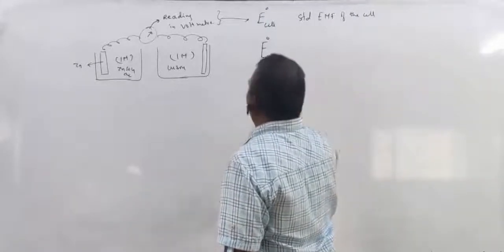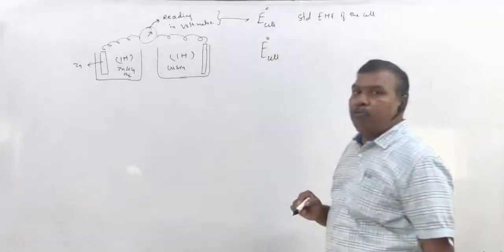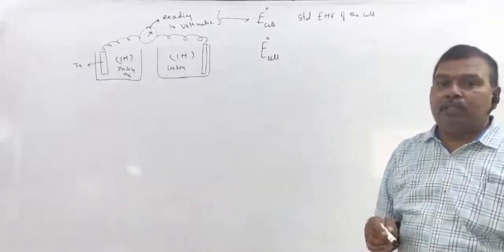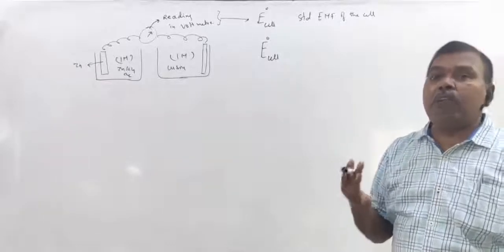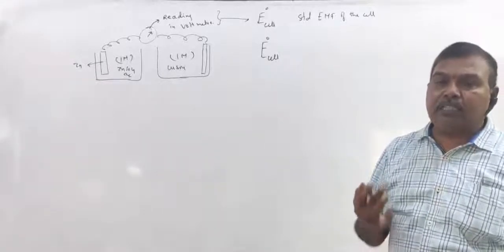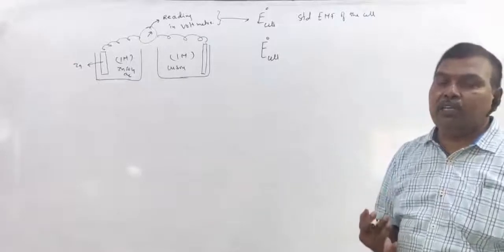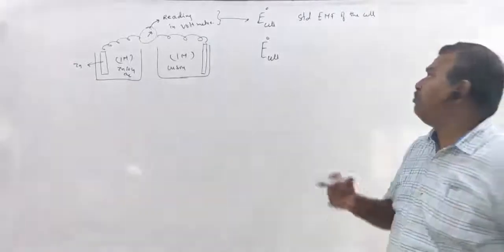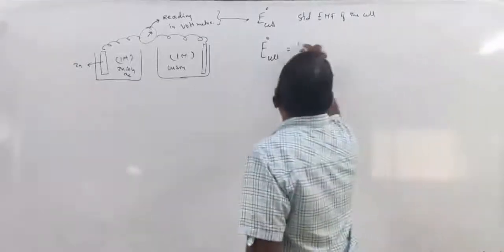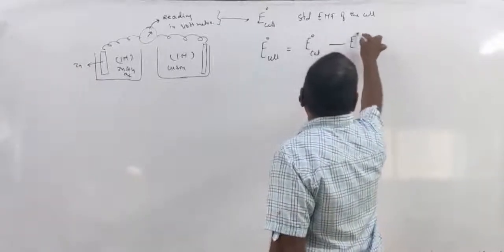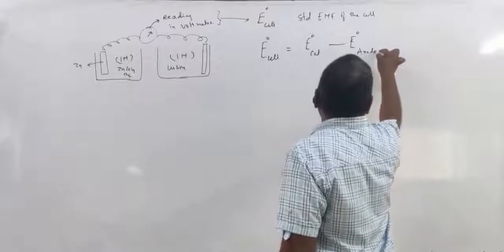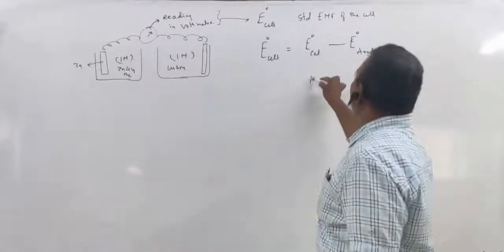EMF of the cell, electromotive force of the cell, is nothing but a measure of cell potential, the efficiency of the cell. That is E naught cathode minus E naught anode. What is E naught cathode?